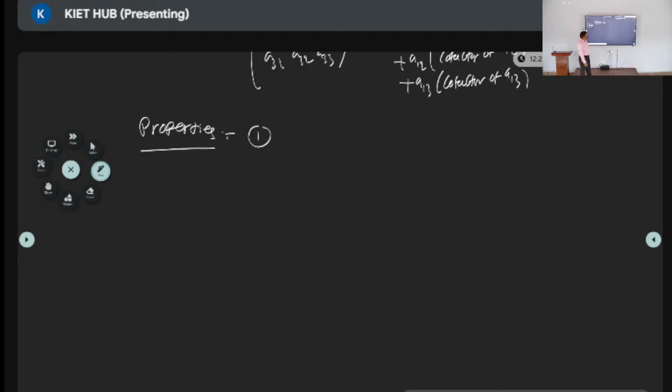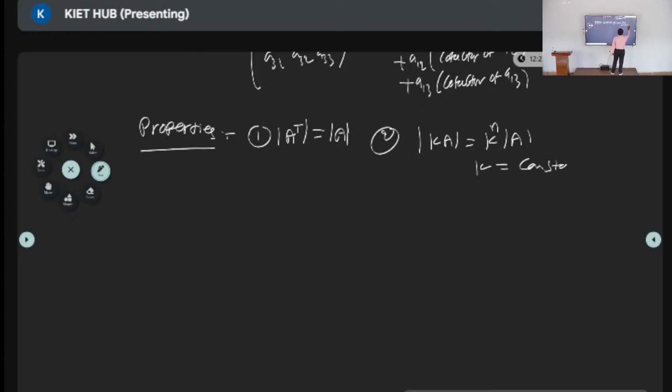First property: determinant of A transpose is determinant of A. Second, determinant of kA is k power of n into determinant of A, where k is a constant.